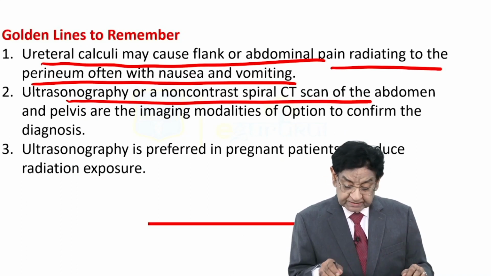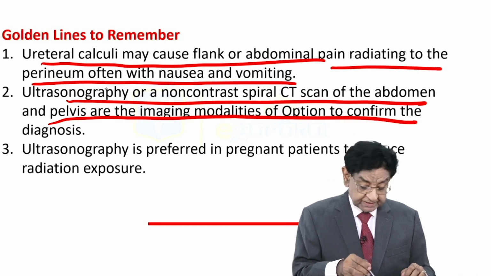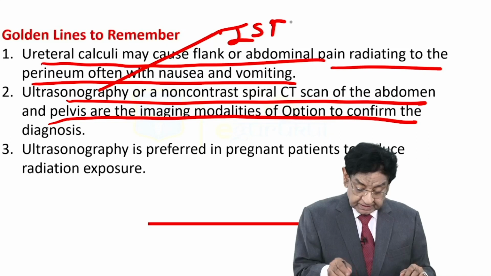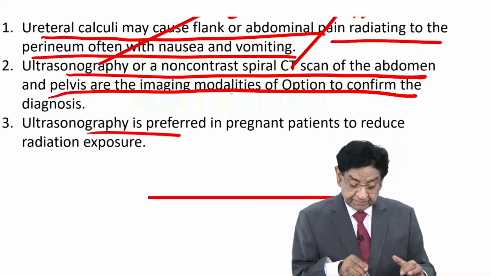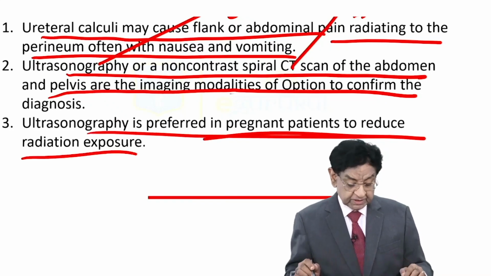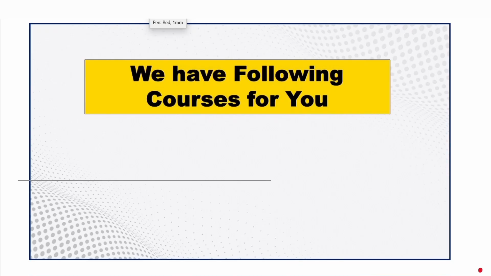Ultrasonography or non-contrast spiral CT of abdomen or pelvis are the imaging modalities of choice. This is the first choice and this is the second choice. Ultrasonography is preferred in pregnant patients to reduce radiation exposure. Well, I hope you liked the session.